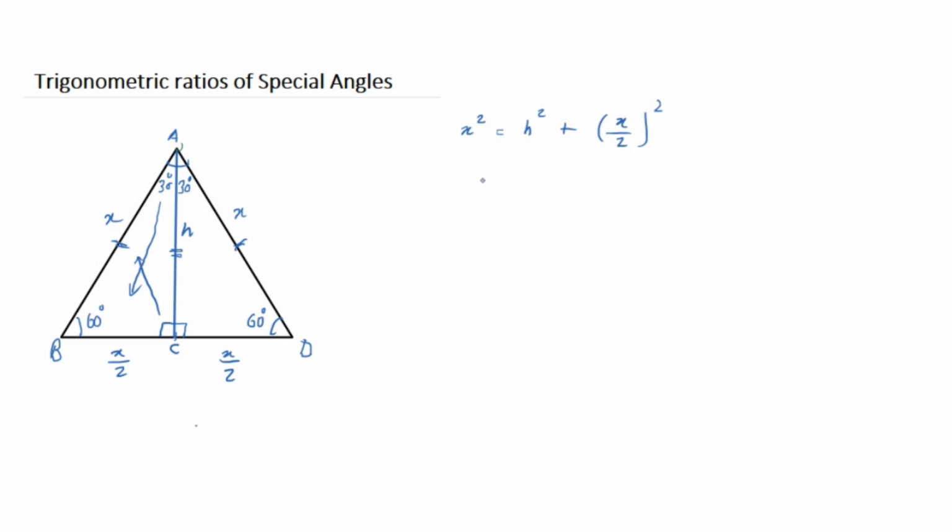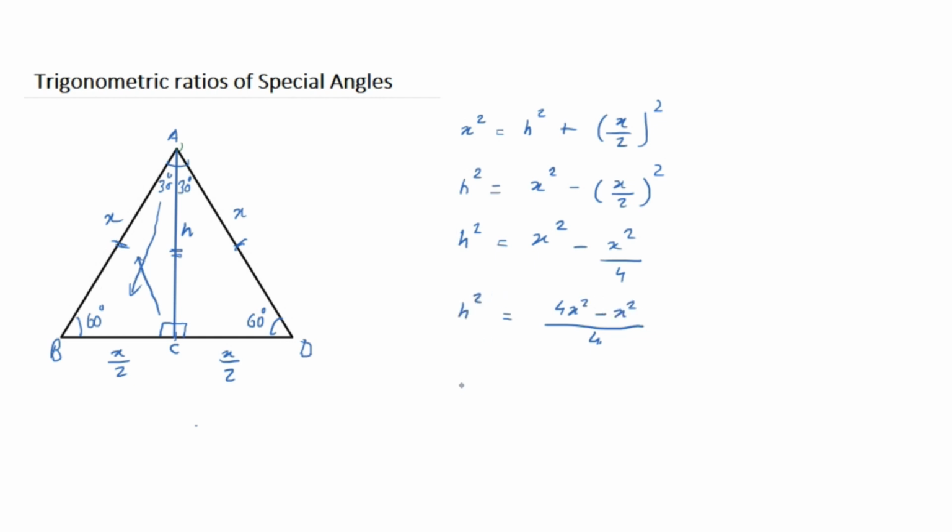Now since we want to find the value of h square, let's subtract x over 2 whole square from both the sides. So what we get is h square will be equal to x square minus x over 2 whole square. Opening the brackets, I get x square minus x square over 4, and then we can take 4 as the common denominator, and this becomes 4x square minus x square, that should be equal to h square.